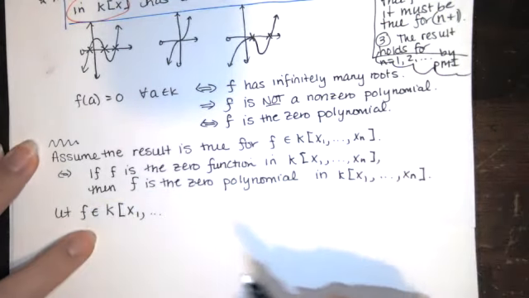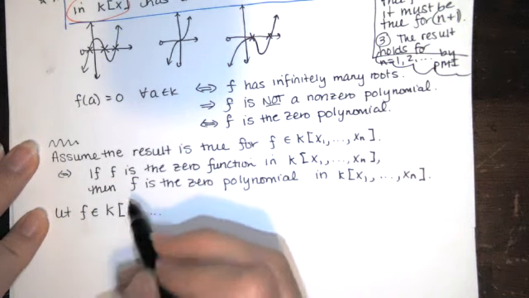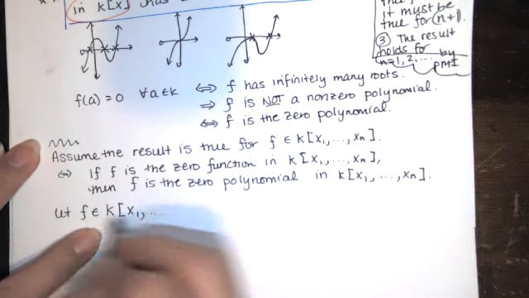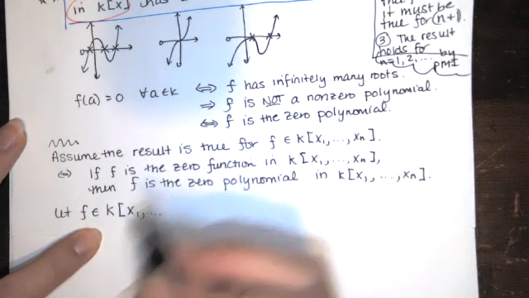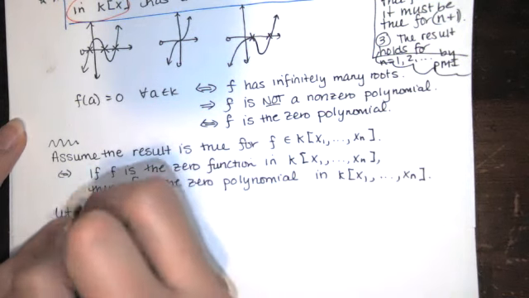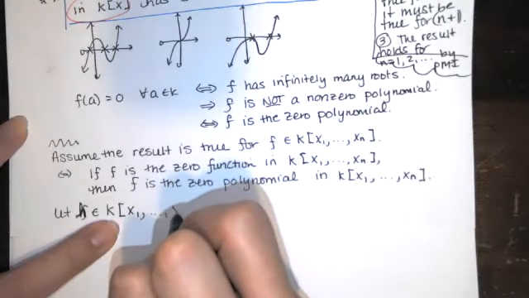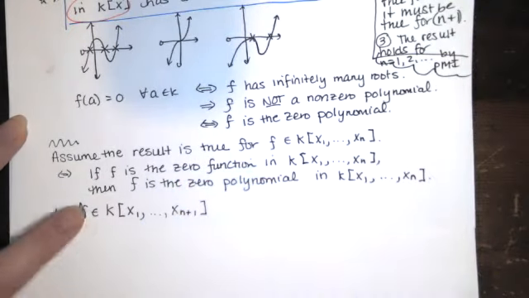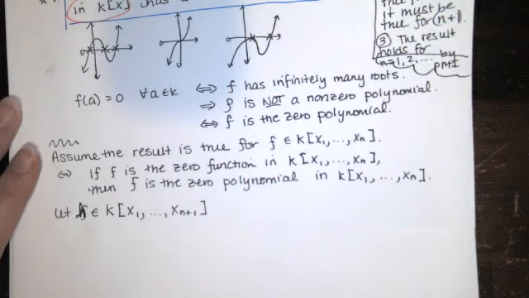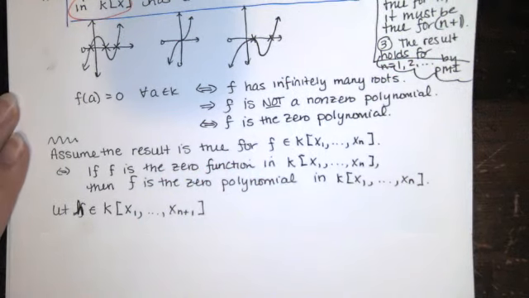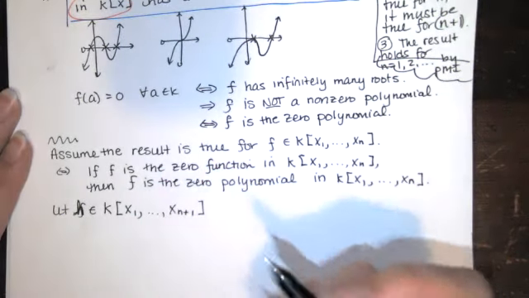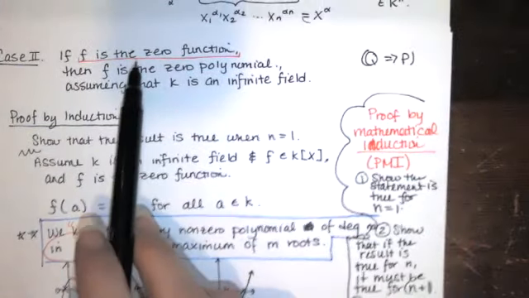And I guess I'm using f here twice, but this f is not the same as that f. Maybe I should use a different letter. Let's use h. So let's let h be a polynomial in the polynomial ring with n plus 1 variables instead of n variables. And we're trying to prove that this is true. So let's let h be the 0 function in this space.